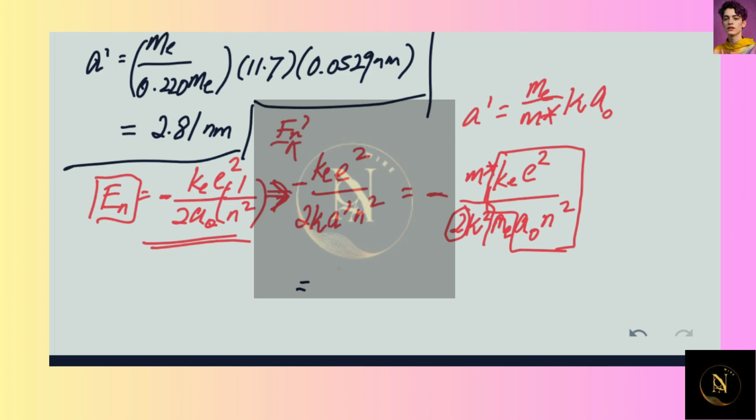So this is actually negative m star over me times kappa squared times the original energy levels for the hydrogen atom, En.